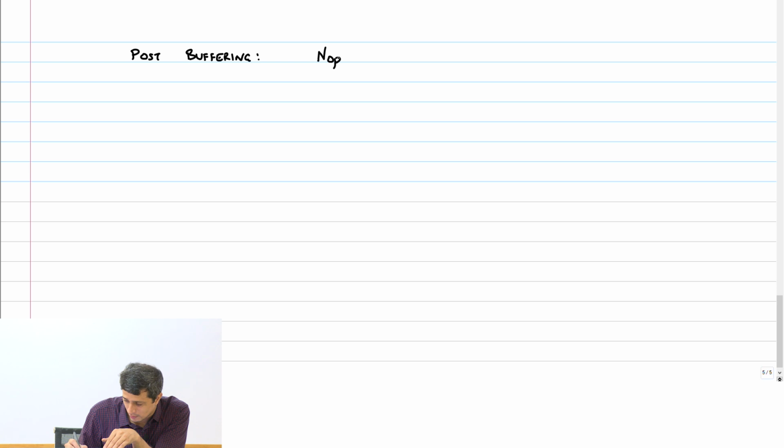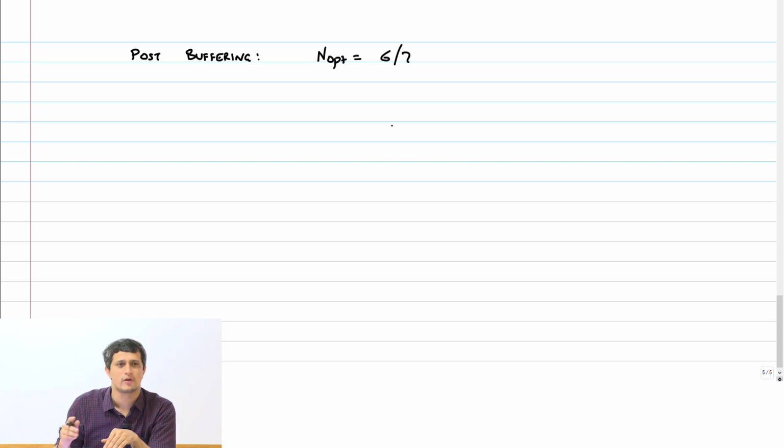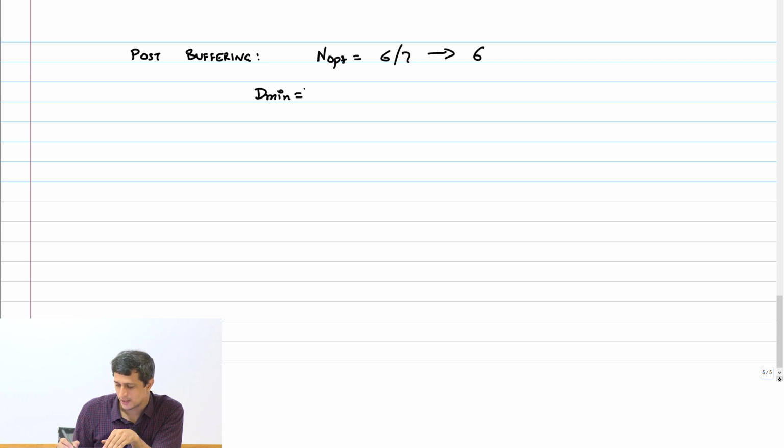N opt equal to 6 or 7. Okay, let's take 6 so that we don't want any logical inversion. So let us take 6. I want to make this 6. Therefore, D min is 6 into 10 power 4 power 1 by 6 plus the parasitic effort of the original circuit.